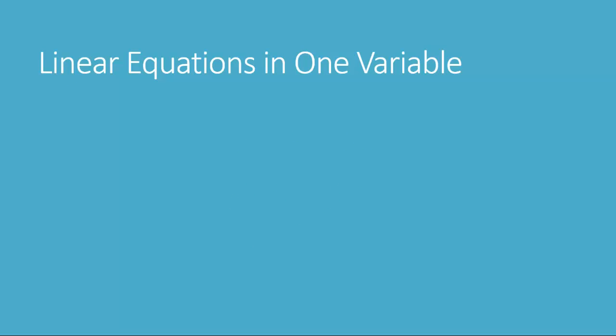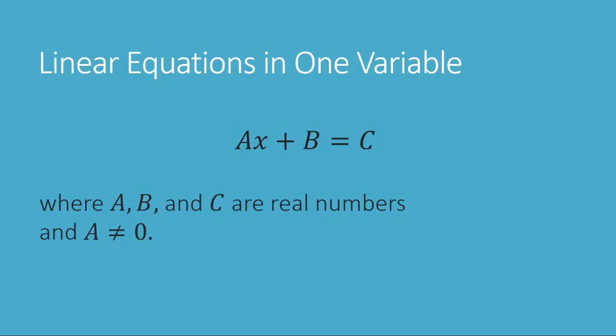So, what specifically makes an equation a linear equation in one variable? Well, linear equations in one variable generally are of the form ax plus b equals c, where a, b, and c are just real numbers and a doesn't equal 0.